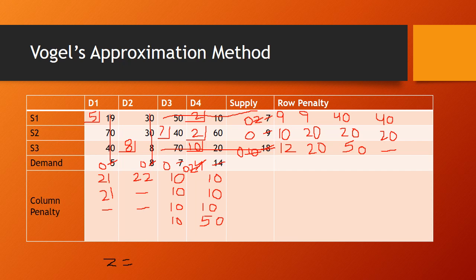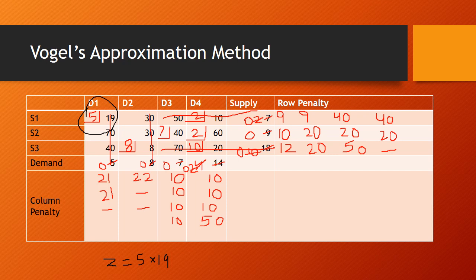We will multiply our allocations in the corners with the corresponding costs, so it will be 5, which was in first, multiplied by 19. Okay, 5 multiplied by 19, which was here.